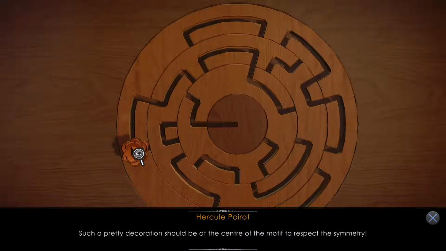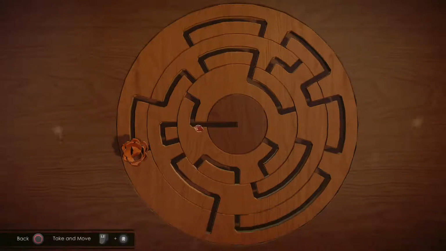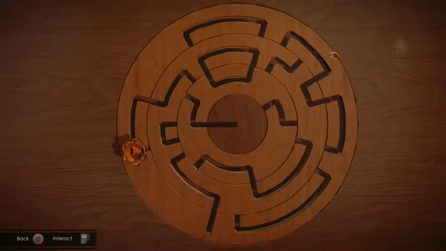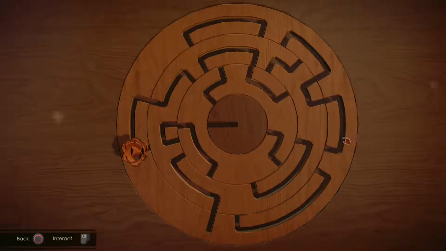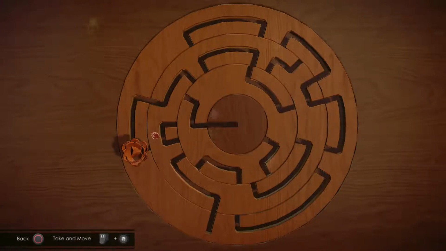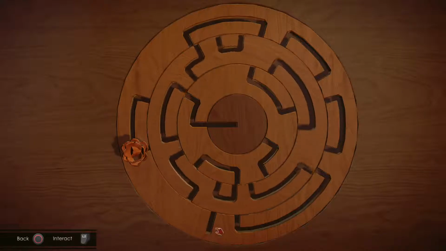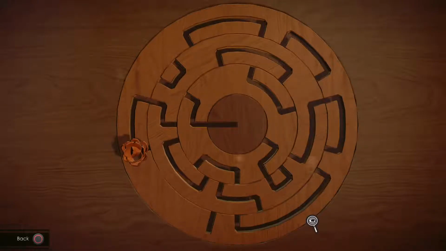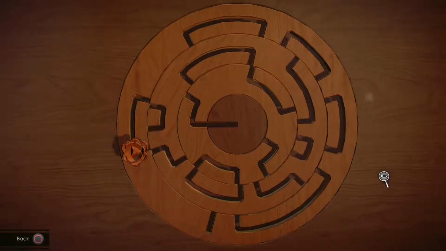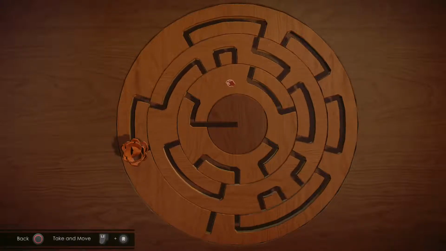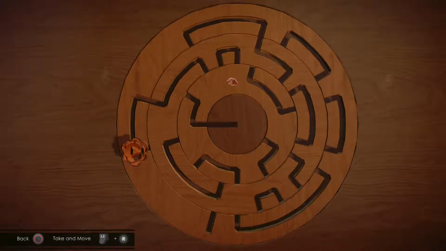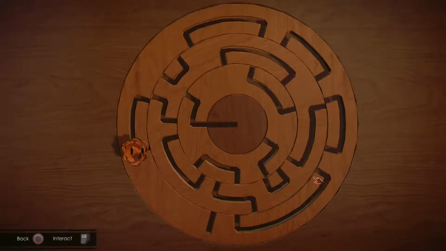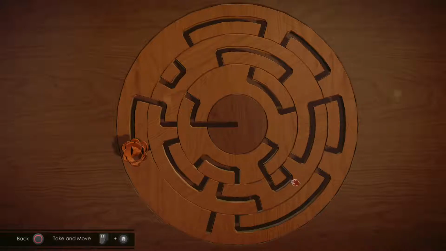Such a pretty decoration should be at the center of the motif to respect the symmetry. Oh, hold on. We can move the outside one too, right? Or no?